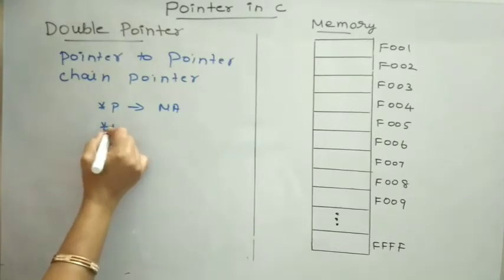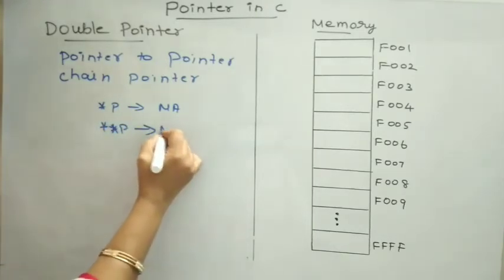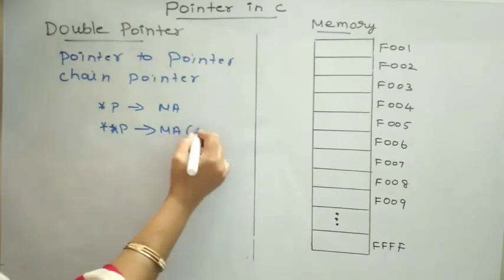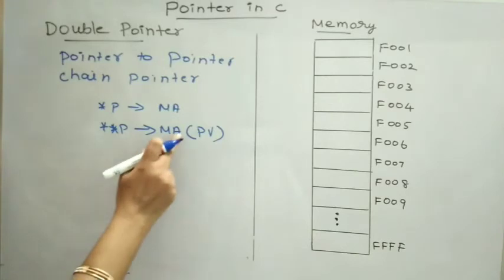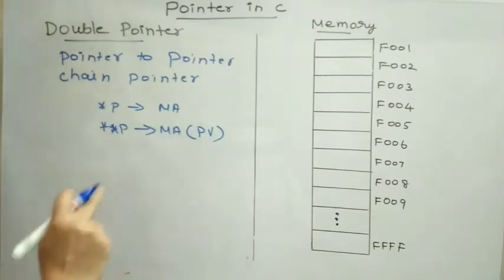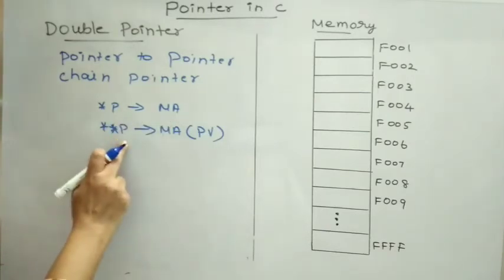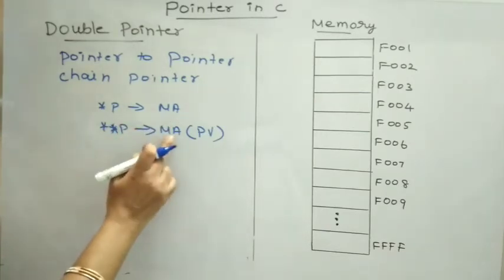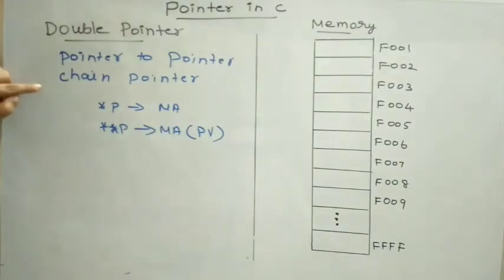Your double pointer is going to contain the memory address of a pointer variable. Like a pointer variable which contains a memory address, this double pointer also contains the memory address of not the variables but the pointer variables. Let me explain this with an example program.